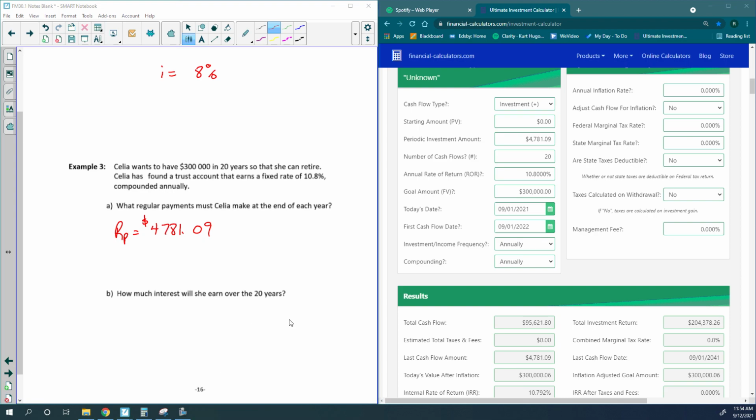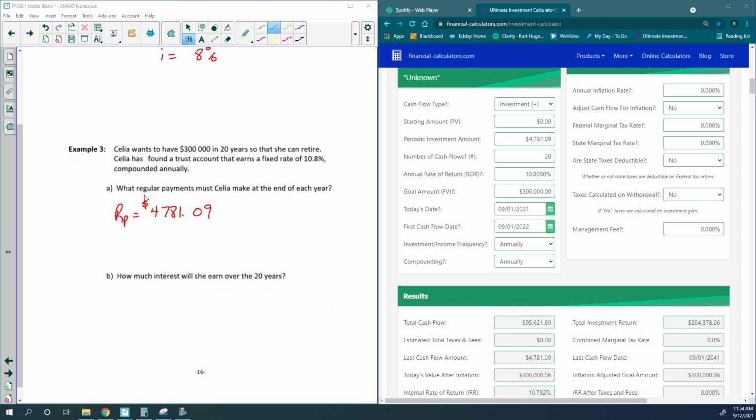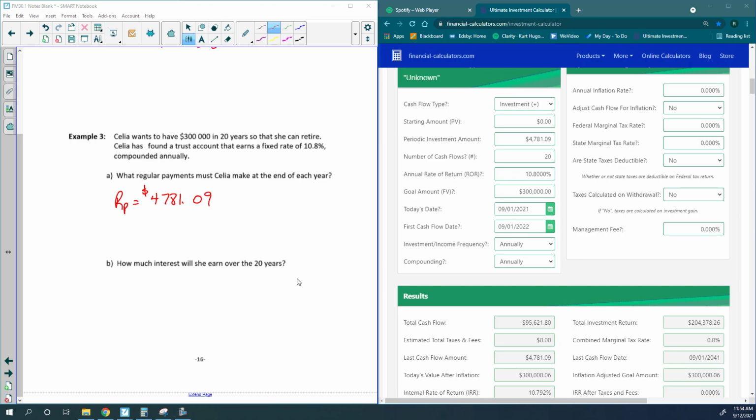And so how much interest will she earn over 20 years? To figure that out, we need to figure out how much money she's contributed. So her regular payment was this $4,781.09. We're going to multiply that by the number of payments she makes. So she's making this payment once a year for 20 years, so we're going to multiply that by 20.